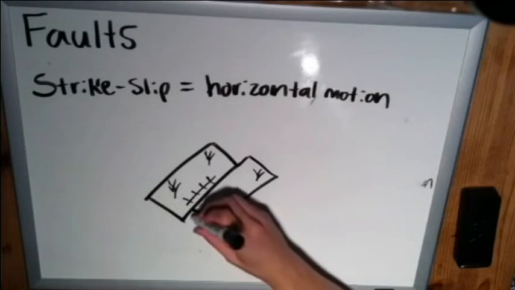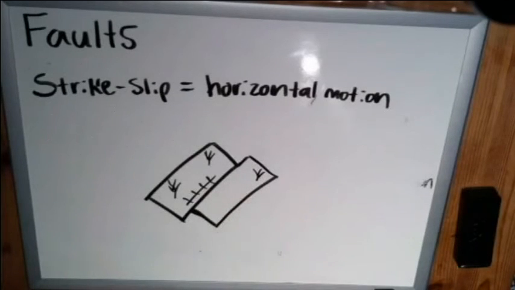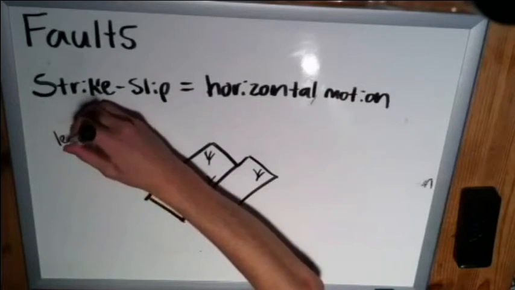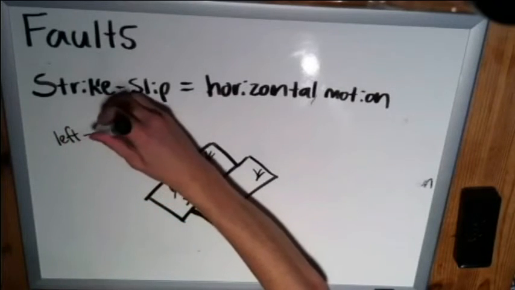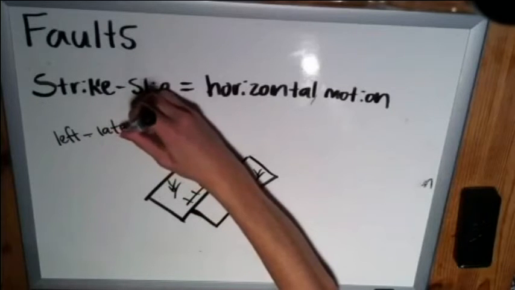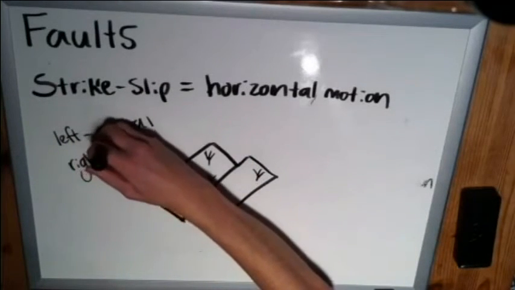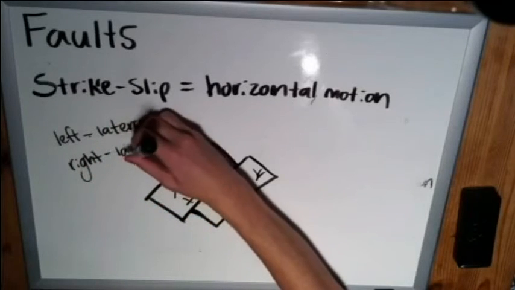And so we see it like this. Now, right off the bat, you can say that's a strike slip fault because there's clear horizontal motion. But there are also two ways to define these. They are left lateral and right lateral. And those names are hopefully self-explanatory.